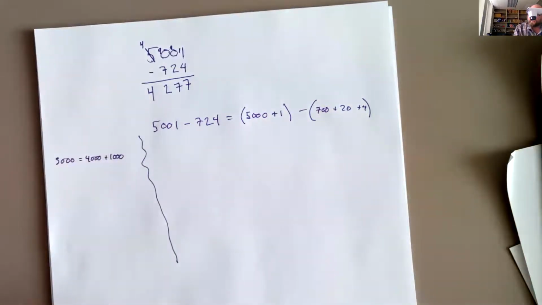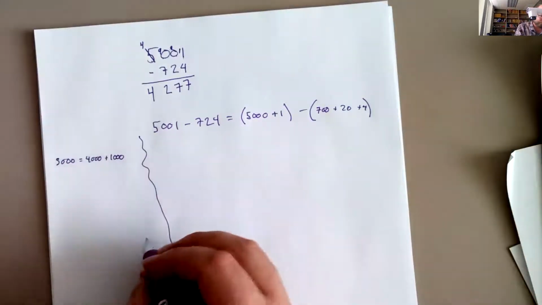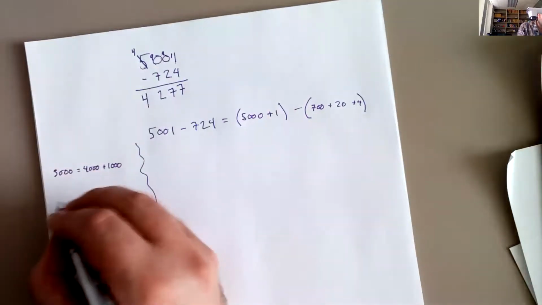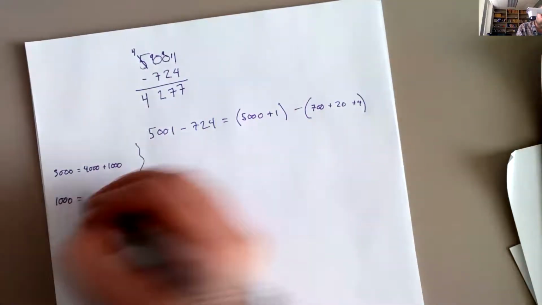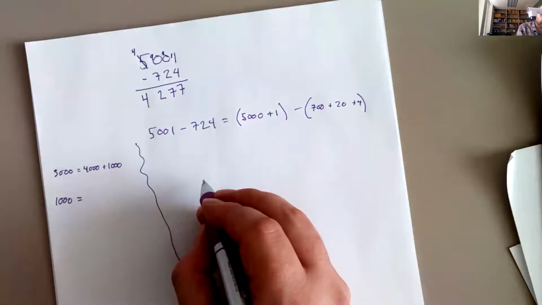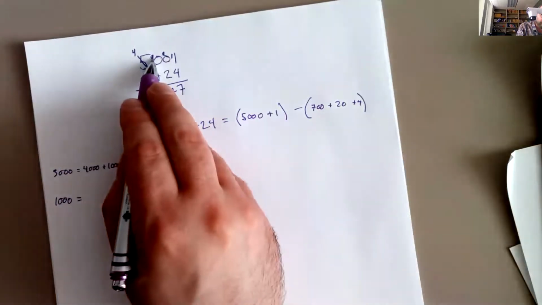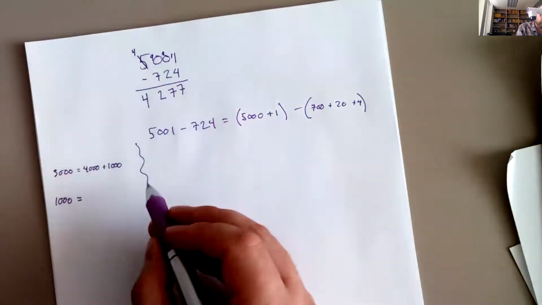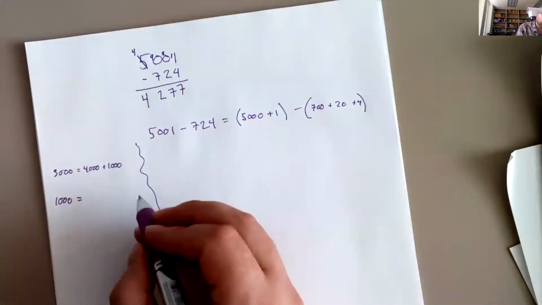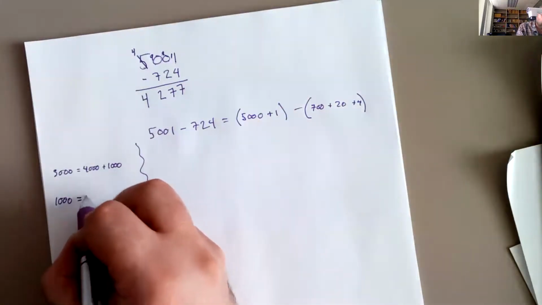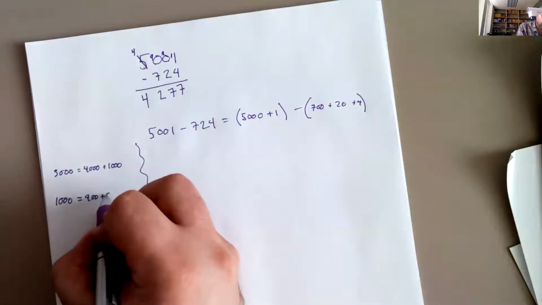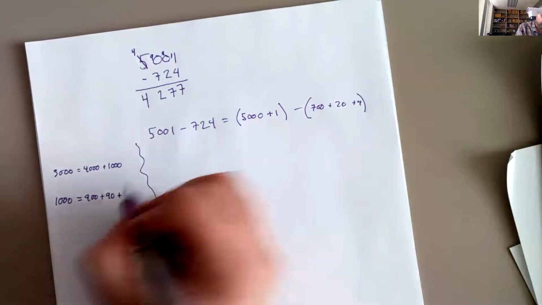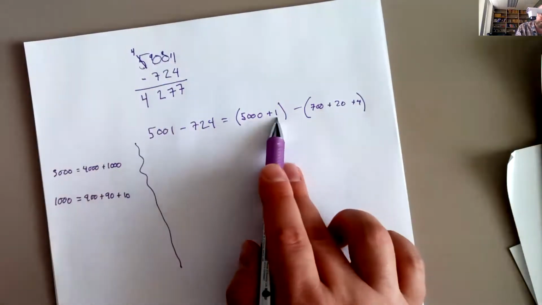And this 1,000 is equal to 900 plus 90 plus 10. The 1 from the 11 is from here.